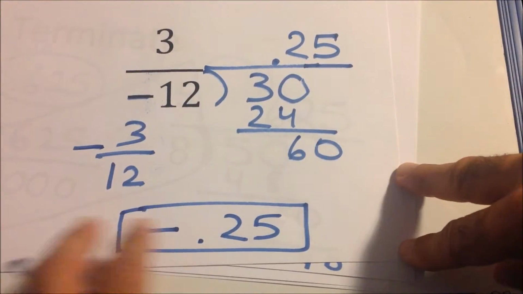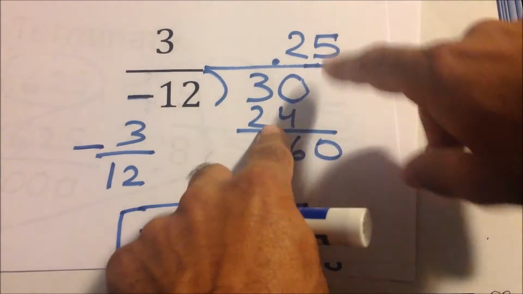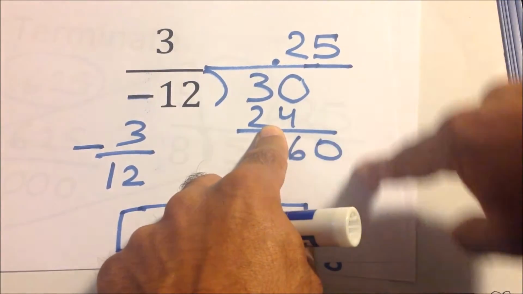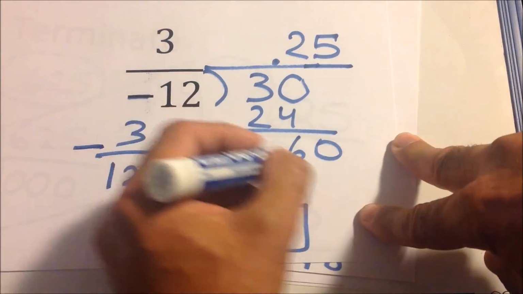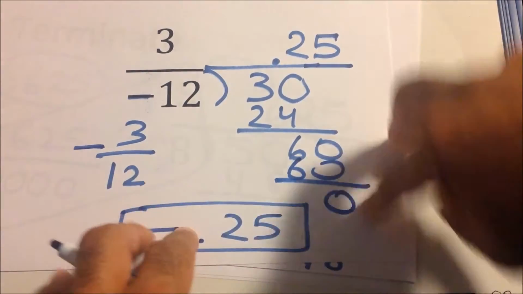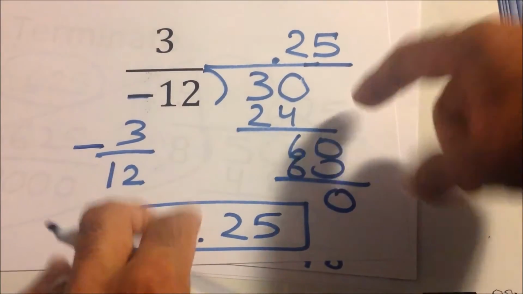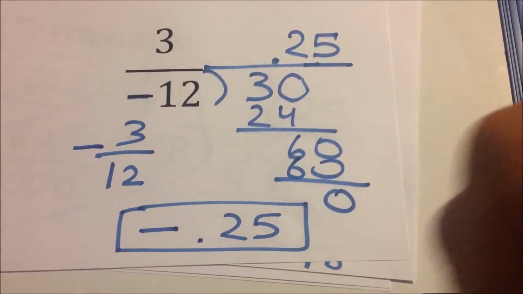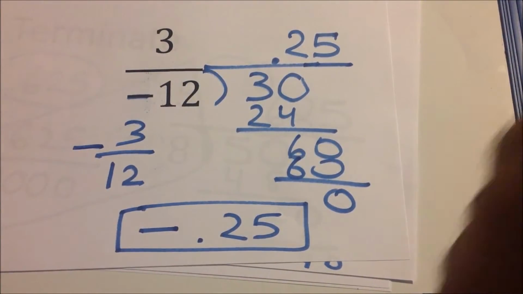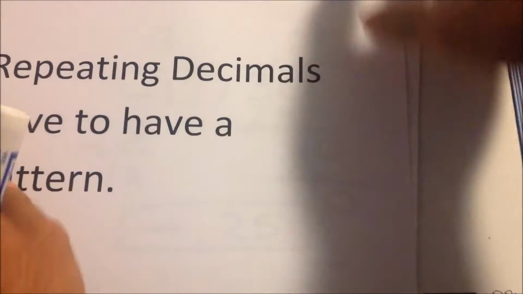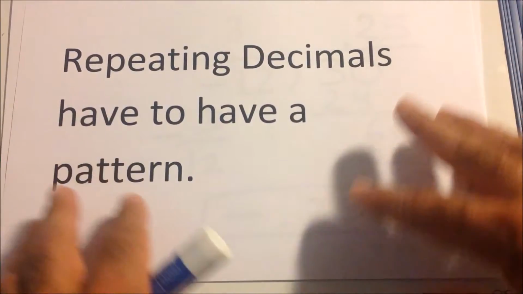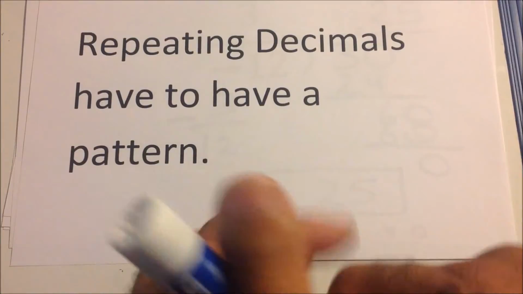So those are rational numbers. It terminates. In other words, there's no other numbers once you get 0, it terminates. That's what terminate means. So repeating decimals is the next type. The repeating decimals have to have a pattern.